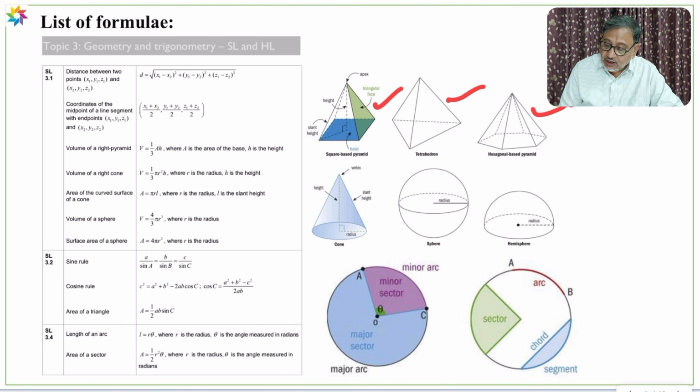This is a square pyramid, this is tetrahedron, because four faces are there, 1, 2, the back side 3 and the bottom 4. Then it is hexagonal pyramid, then it is a cone, sphere, hemisphere, then area of sector, so minor sector and major sector. Area of segment is there, this is sector and this is segment, this blue shaded area.